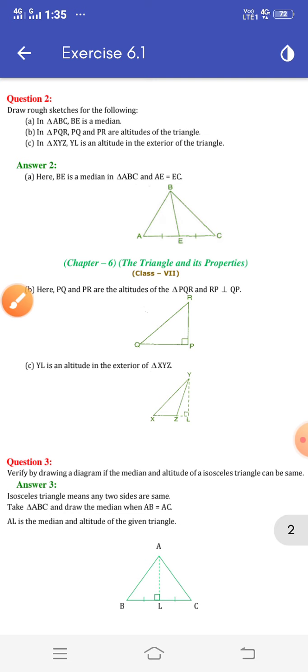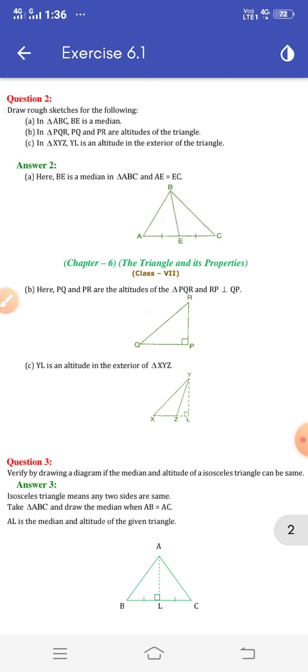C part, XYZ, YL is an altitude in the exterior of the triangle. This sum is like the first sum. If it were interior we could do it like the first sum, but here we have to show an exterior altitude YL. So first of all you have to draw an obtuse angle triangle.